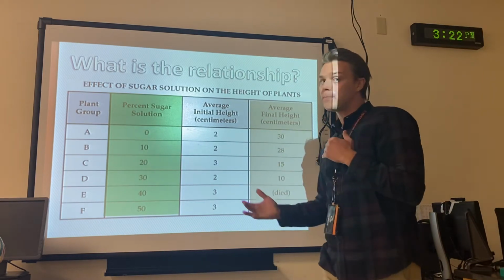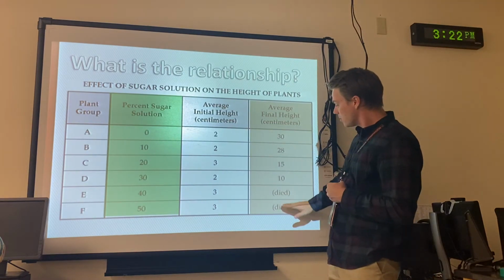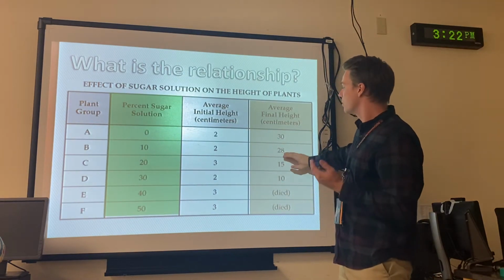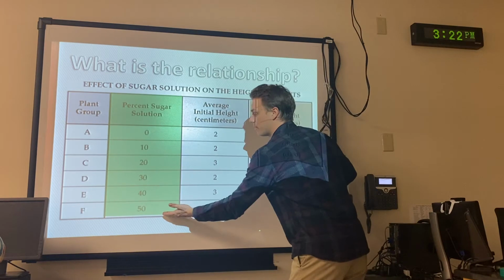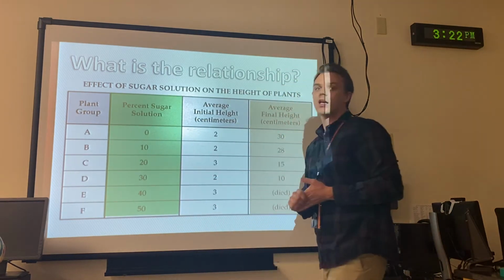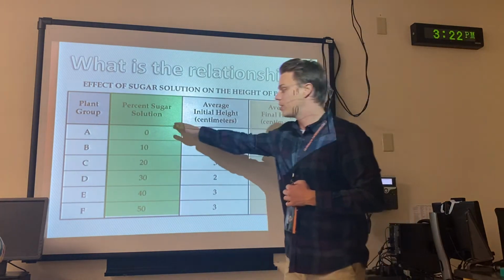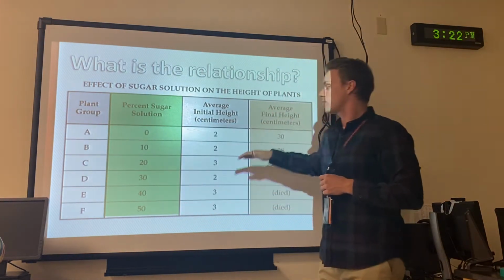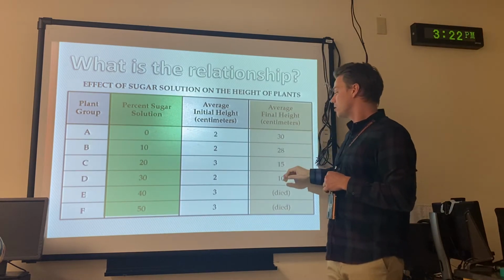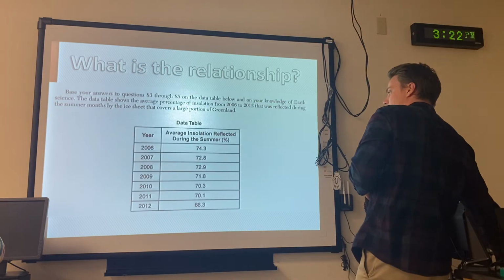We can do that the opposite way and start by looking at the average final height. As the average final height increases, what happens to the percent of sugar solution being added? It is being decreased. So that is an indirect relationship, which means as one thing increases, the other set of information decreases.